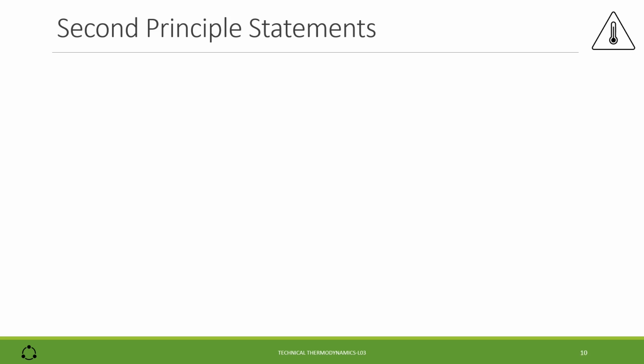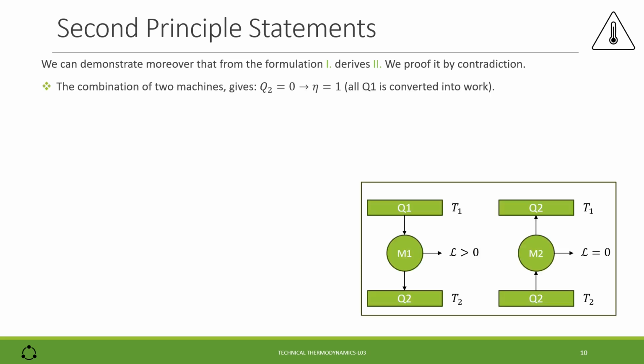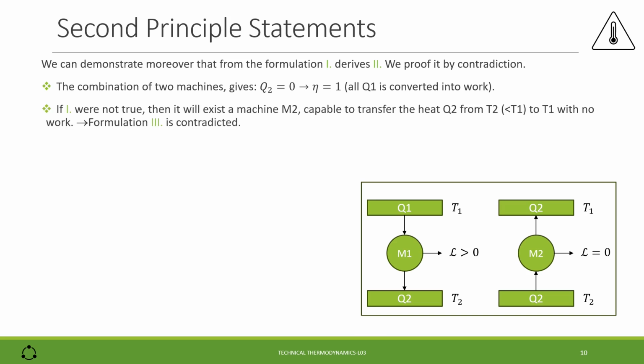We can demonstrate, moreover, that from the formulation 1 derives the formulation 2, and we prove it by contradiction. The combination of the two machines, displayed here in the picture, gives Q2 equals 0, eta equals 1, because all the Q1 is converted into work.